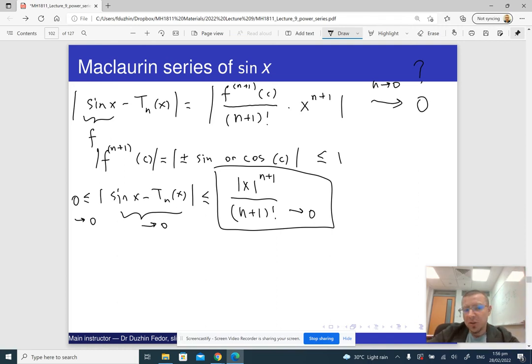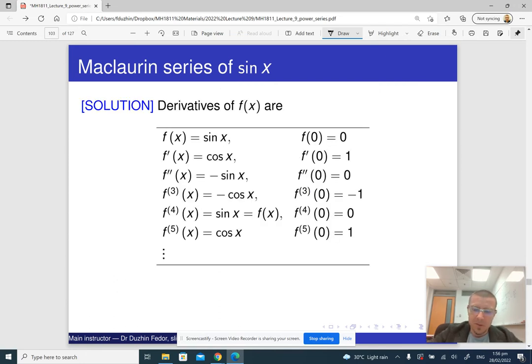But if you're not convinced, let me do this limit again. To prove that this limit is 0, I'm going to apply one more round of the squeeze theorem.